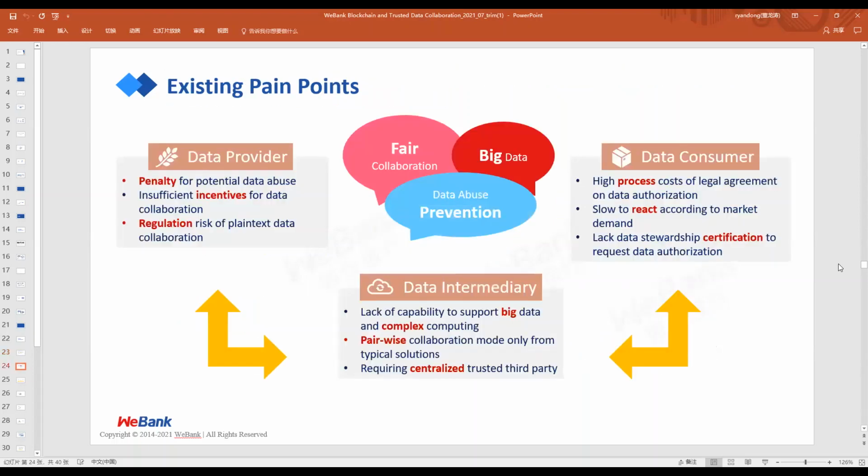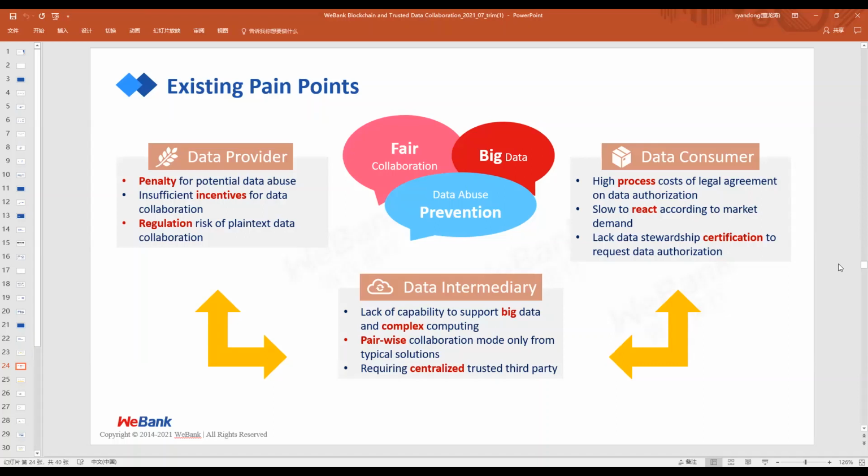In this way, we encountered a lot of pain points when we designed the system. There are three key objectives. We want the process to be fair, because there are multiple computing consumers and providers, and we also need to handle big data.